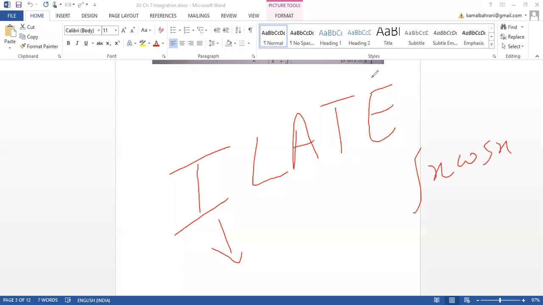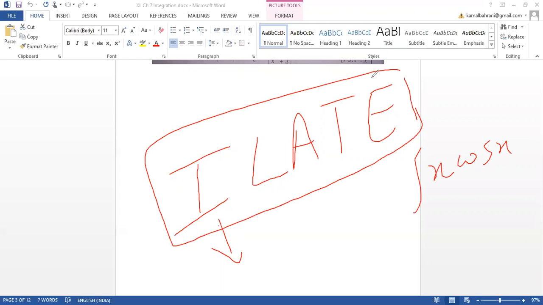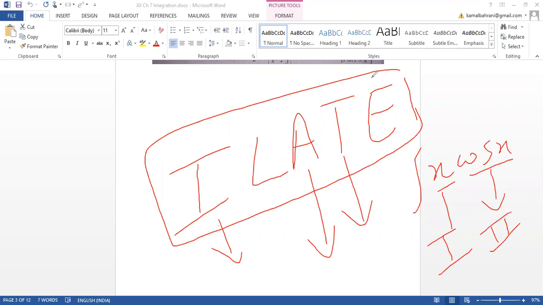We will go from this order. Now just see, x is what? Algebraic function. Cos x is what? Trigonometric function. So what is coming first? Algebraic function. So this will be taken as first and this will be taken as second. So you can say that this is u, this is v.